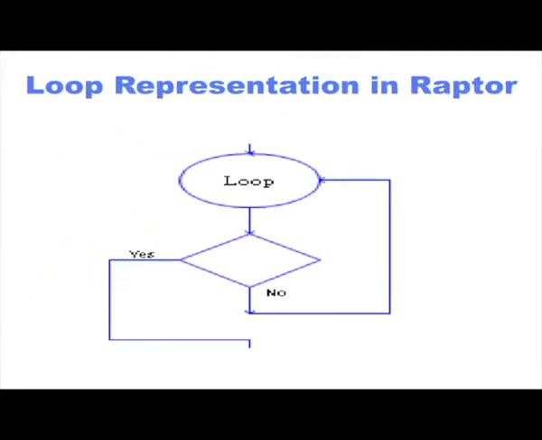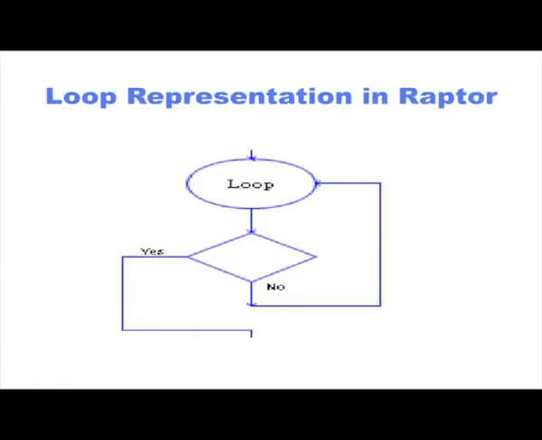Before continuing further, let me briefly introduce how to use the loop symbol in Raptor. The loop symbol looks like what you see on the screen. One ellipse and one decision symbol are used to represent a loop in Raptor.